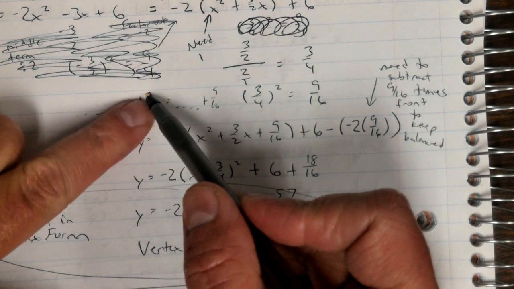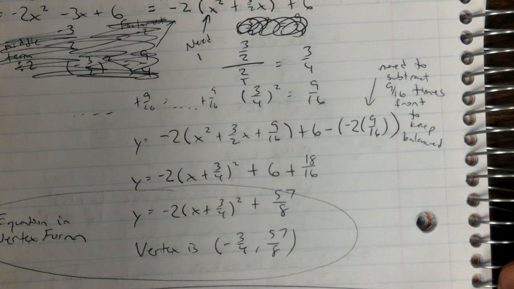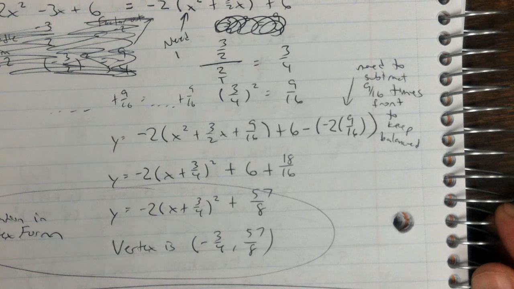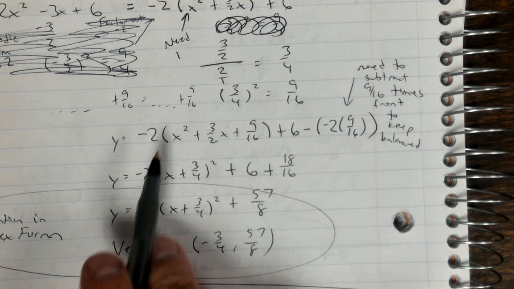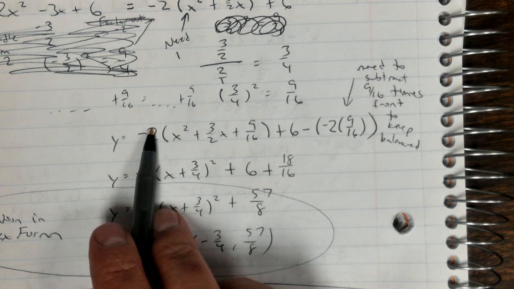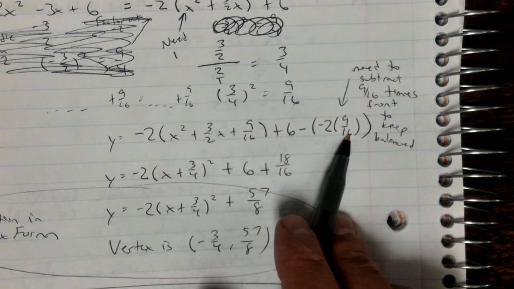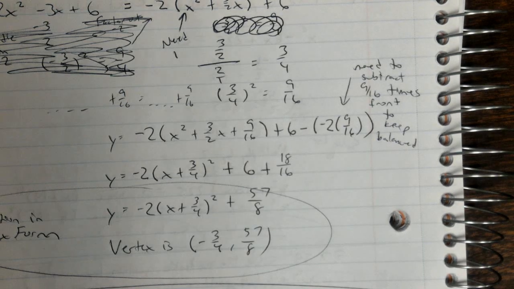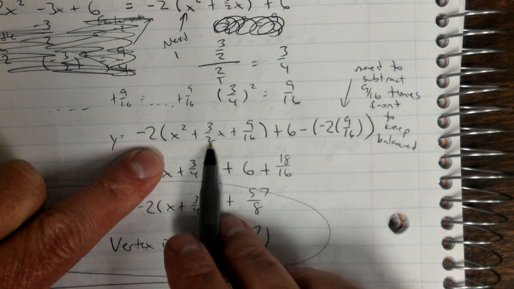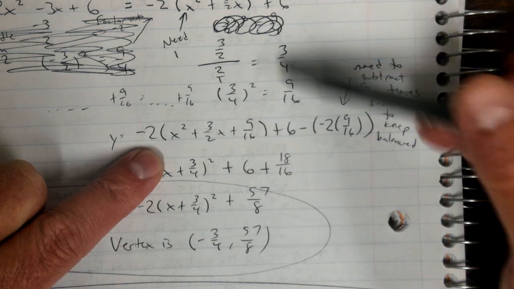You basically are just going to move this term over. Okay? And so that's why we're going to end up doing a minus. The other thing that's a little hard about this is because this -2 is factored out, we've got to do -2 times 9/16 to both. So here you have -2 times x squared plus 3/2 x plus 9/16 plus 6.